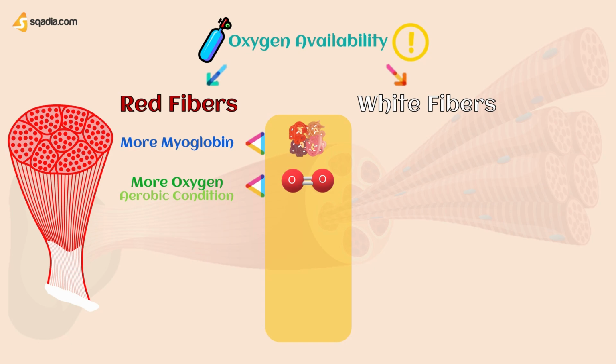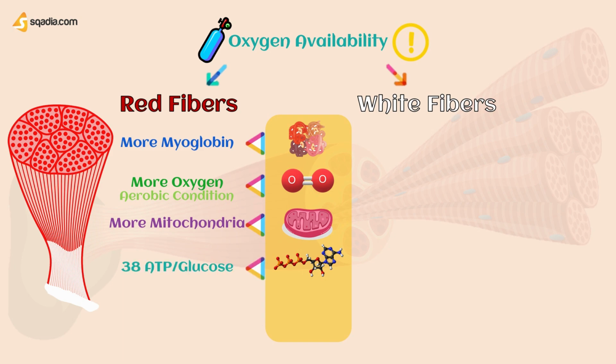muscle fibers. And one more important thing is that the red fibers have a high number of mitochondria. Mitochondria have the capability to generate energy in the form of ATP. So, the ATP production of these muscle fibers is high.